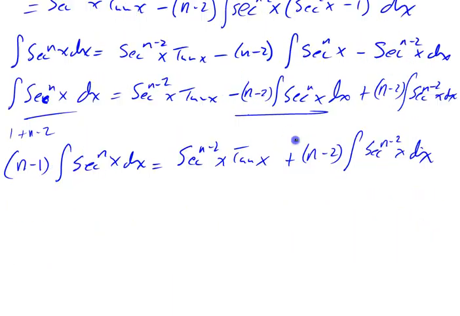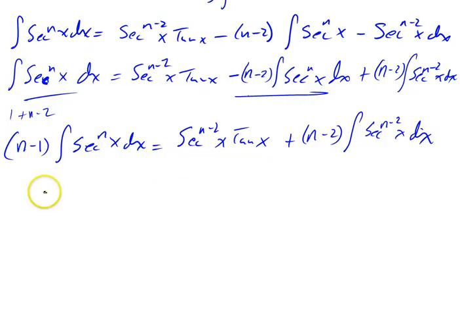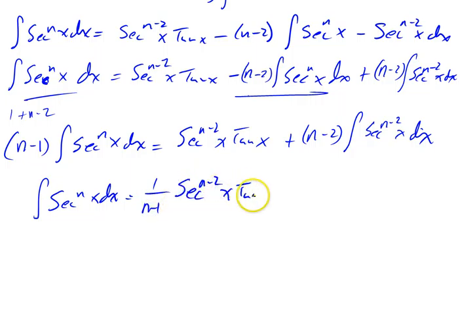Then divide by the n minus 1, so I've got the integral of secant to the n x dx equals 1 over n minus 1 times the secant to the n minus 2 x tan x, plus, I'm still dividing by the n minus 1 into this term now, n minus 2 over n minus 1 times the integral of the secant to the n minus 2 x dx.